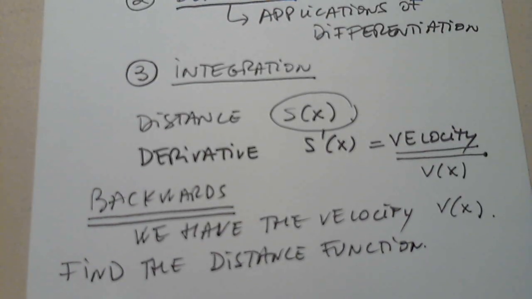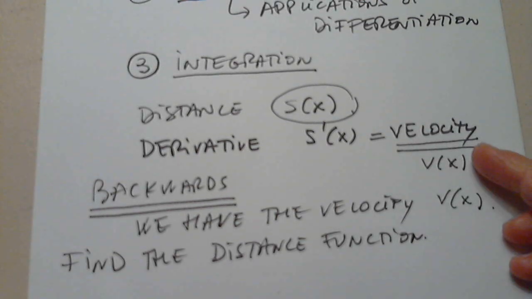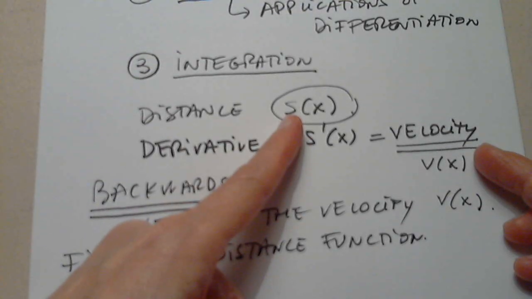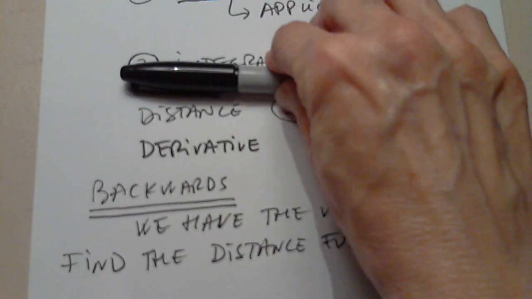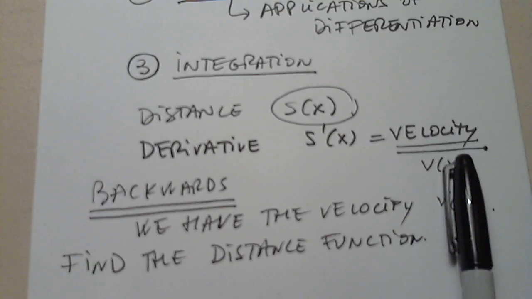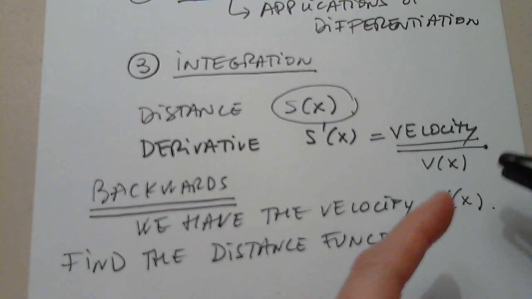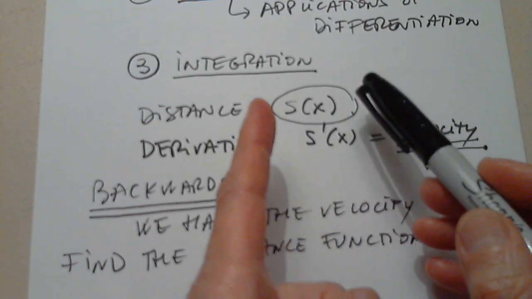So they are giving us basically the derivative of a function, and they are telling us, I'm giving you the derivative of the distance. Find the distance function. Go backwards from the derivative to the function. So far, we went from the function to the derivative. Now, in chapter 4, we will learn how to go back from the velocity, from the derivative, back to the function.